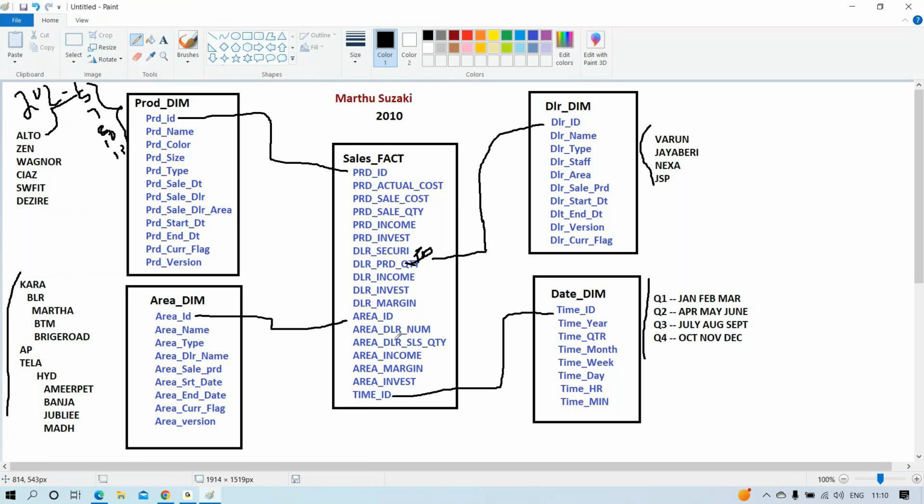No, it is only about Varun Motors, only the Amirpet area of Varun Motors, and only quarter one. Till 2021, for quarter one of the last 10 years, the Hyderabad Amirpet Varun Motors dealer is selling Alto cars, increasing the number year to year.